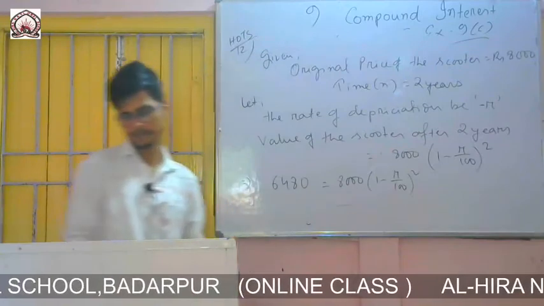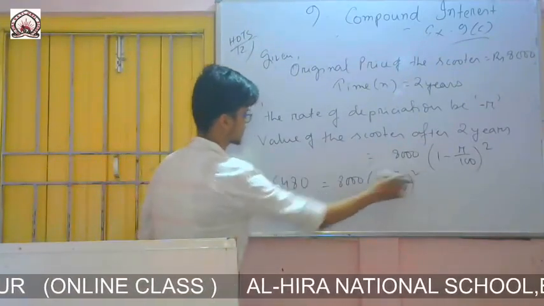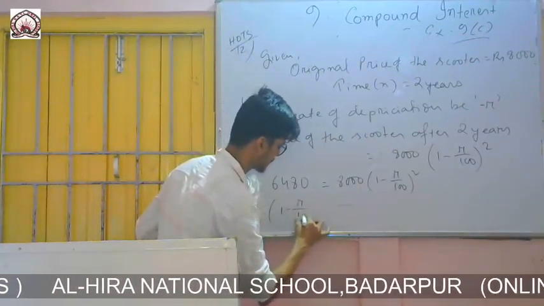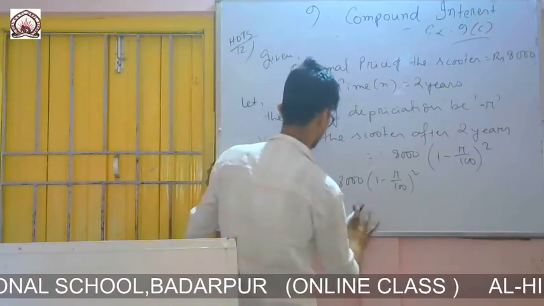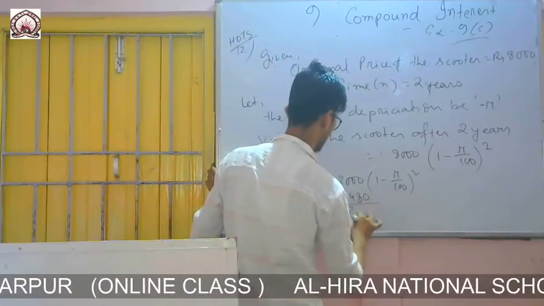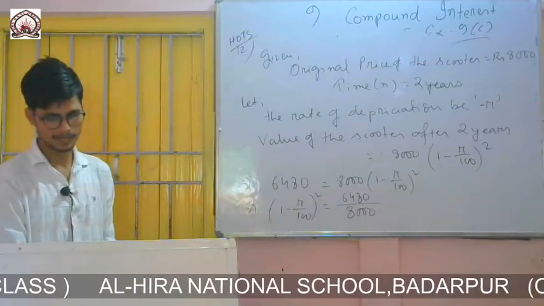Like earlier, how we did, here square is there, so first of all you change the side: 1 minus R by 100 whole thing square equals 6480 by 8,000.